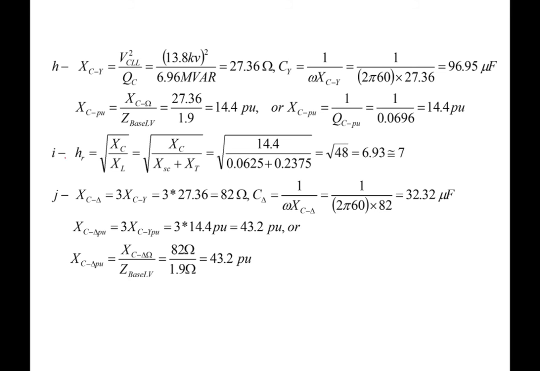To find the harmonic order, we have a transformer and the source impedance connected in series, so XC over the source impedance and the transformer impedance.